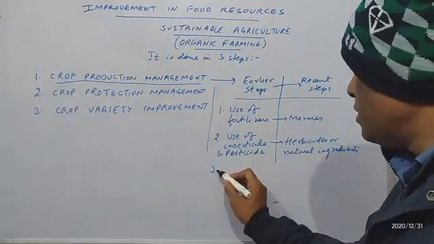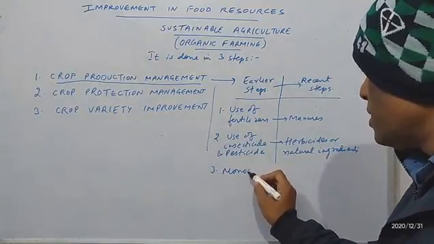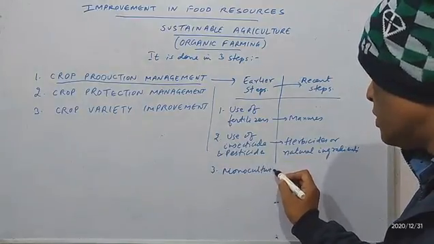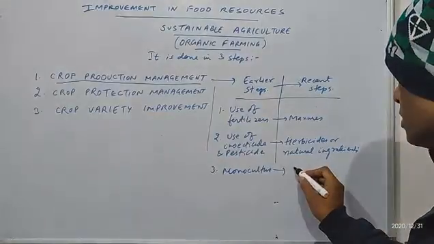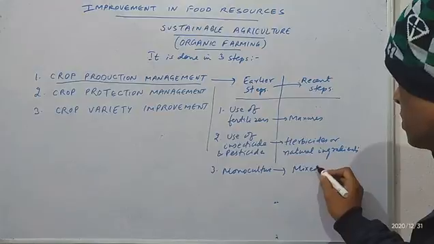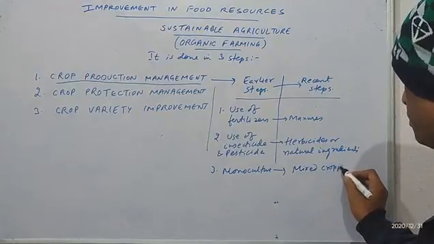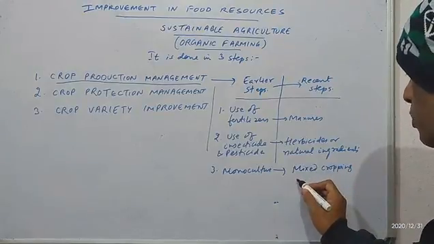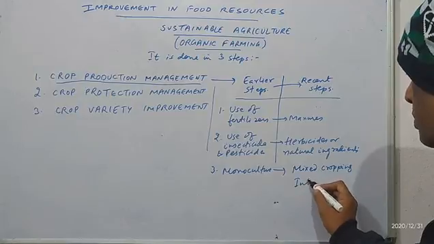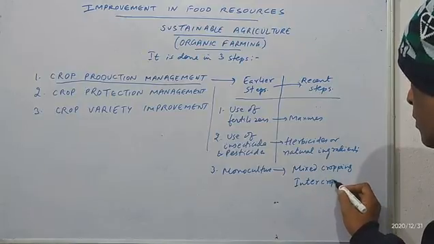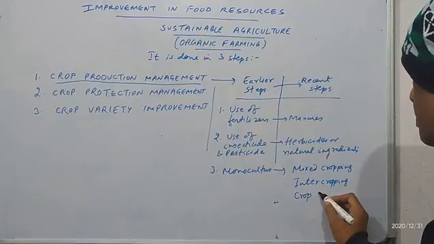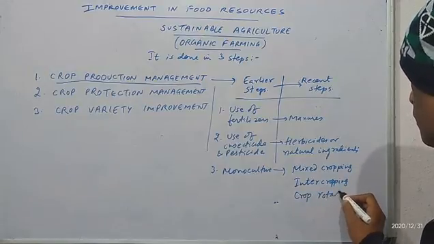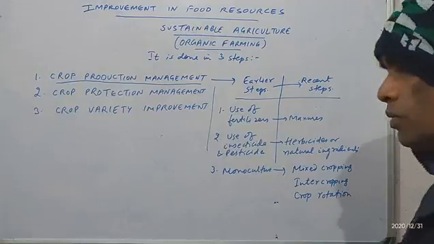And the third major change was replacing the basic method of monoculture by a lot of other improved technologies like mixed cropping or multiple cropping, and then intercropping, and of course the process of crop rotation. So these are the changes.